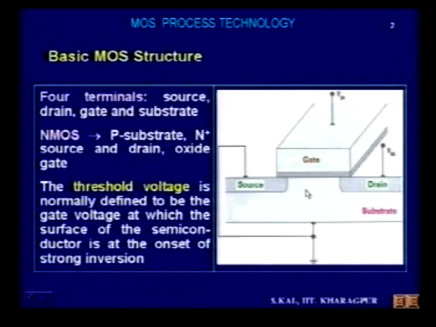Below the gate it is a P substrate, the dopants are P. When it is inverted, the electrons are accumulated, so the channel will be formed, and that is known as inversion. Then a direct conduction path from source to drain is available, and that conduction path is controlled by the gate voltage. Okay. So this threshold voltage is one important parameter in our MOS technology.